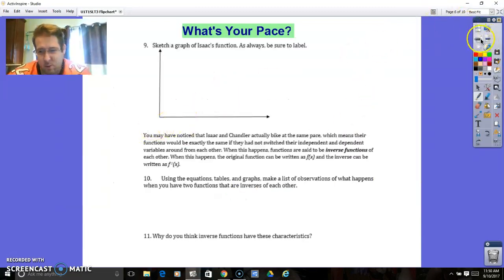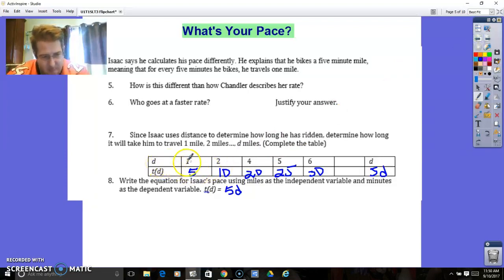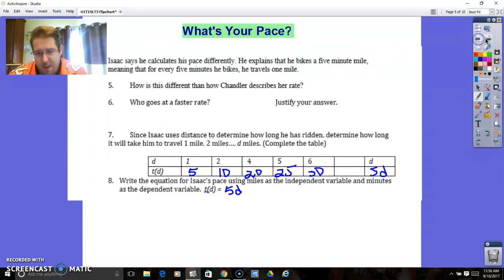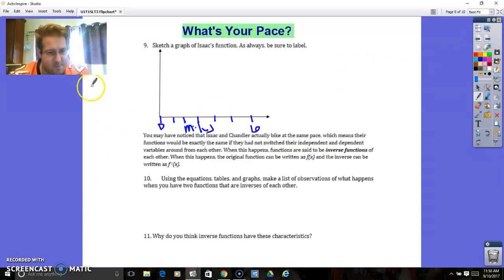So if I was going to graph this, this time the amount of miles is the independent variable. So this goes 0, 1, 2, 3, 4. How high did it go? Up to 6. So it's 1, 2, 3, 4, 5, 6. And then your minutes is the D of t over here.